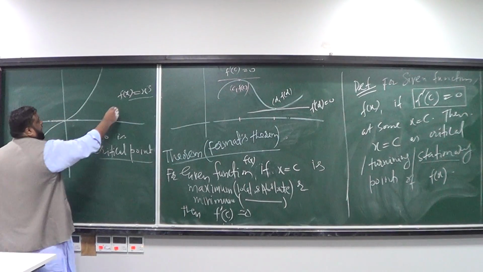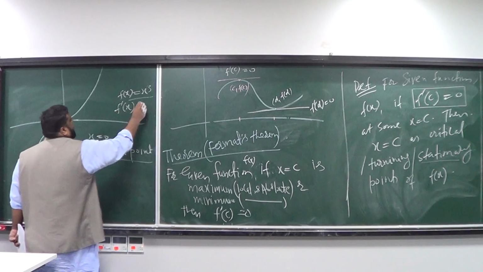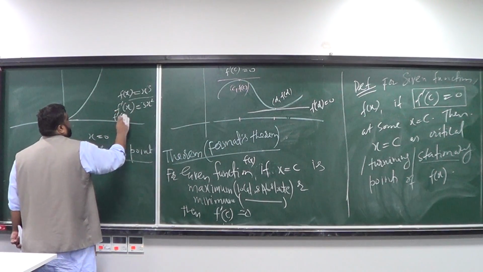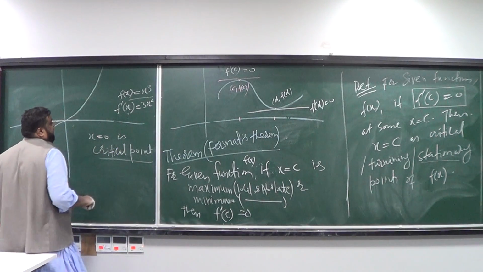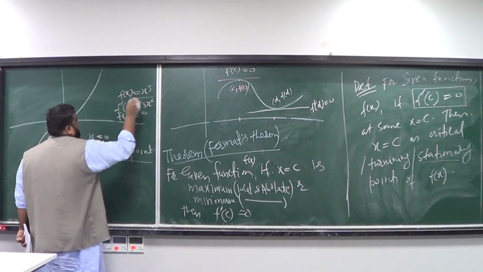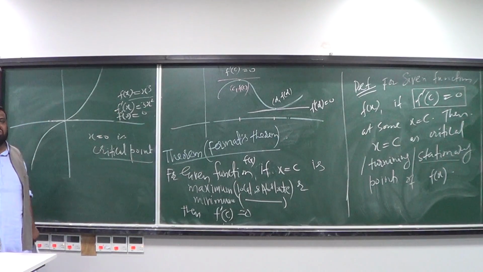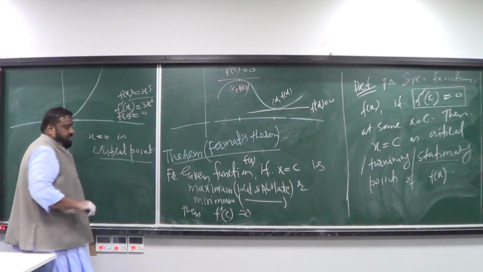You can also see that if I differentiate f of x equal to x cubed, I get 3x squared, and I substitute x equal to 0, I'm going to get 0. So f prime of 0 is 0, so therefore x equal to 0 is a critical point.